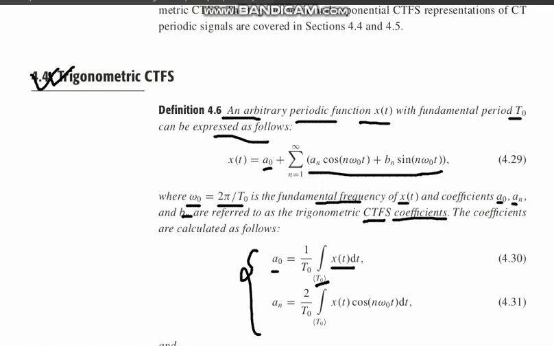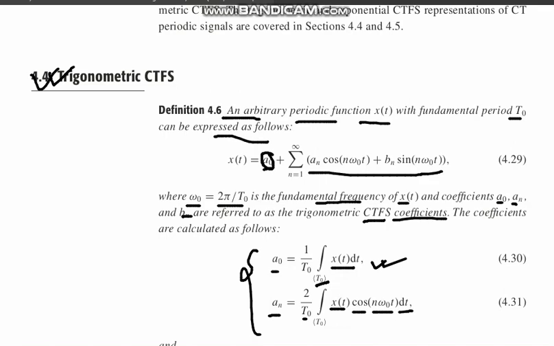So to find a naught, the equation is the integration of xt. And if you want to find a n, you have to take 2 divided by t naught, the fundamental period, times the integral of xt cos n omega naught t dt.